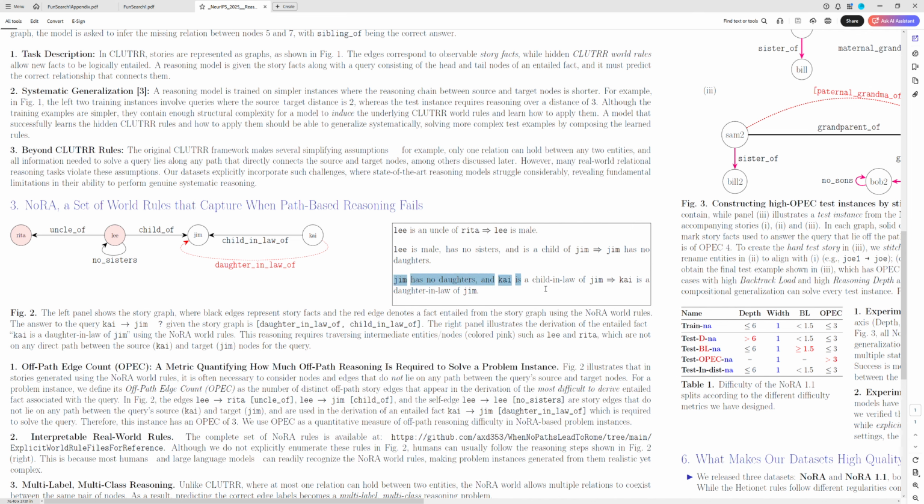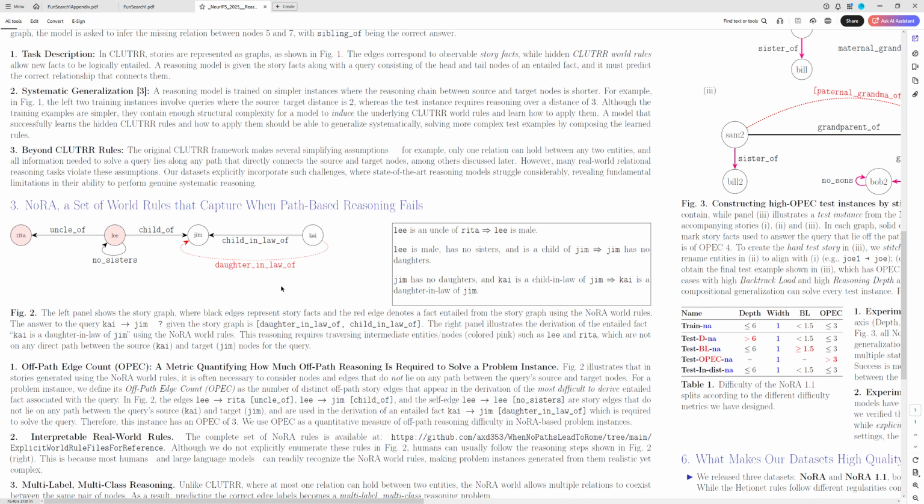Finally, Jim has no daughters and Kai is a child-in-law of Jim. So Kai must be a daughter-in-law. And that's how you derive this hidden entailed relationship between Kai and Jim. And that will help you solve this Nora problem instance about the relationship between Kai and Jim.